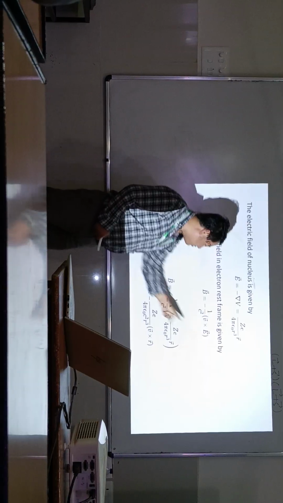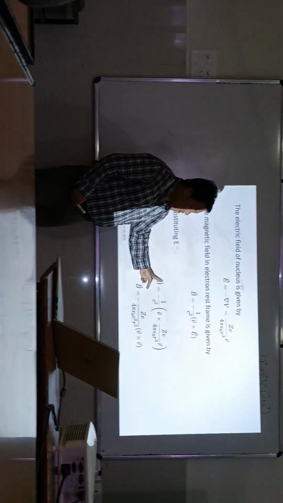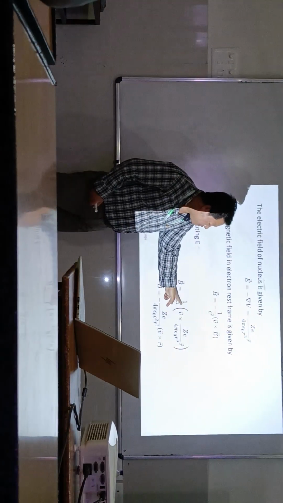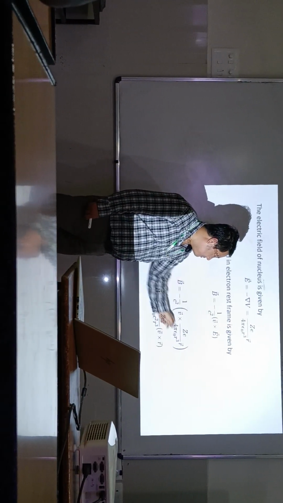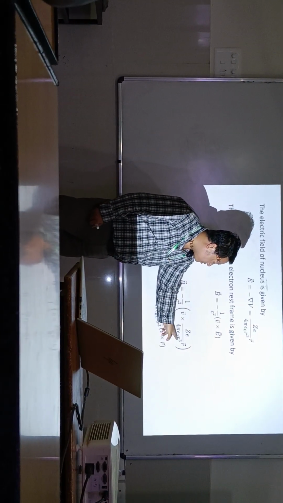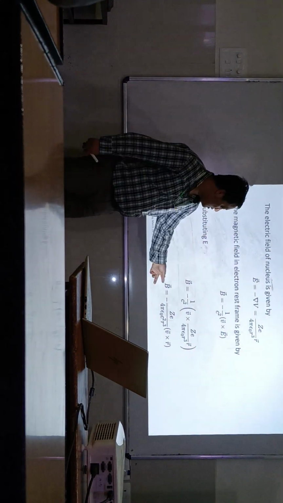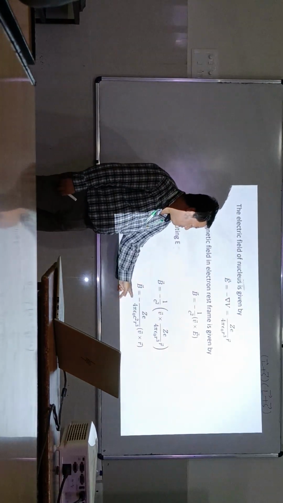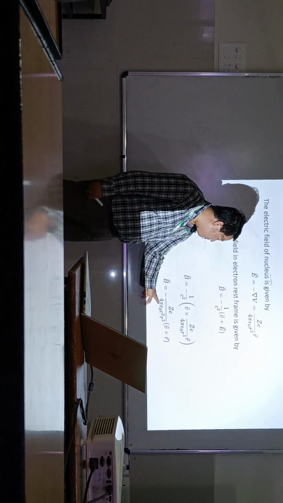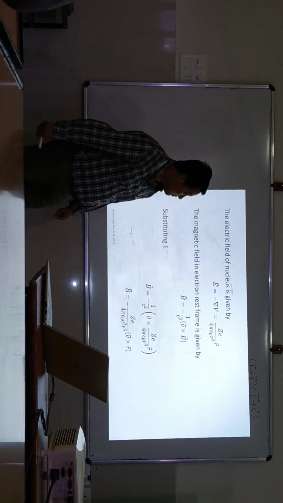When you substitute E, we get the magnetic field equal to minus 1 by c square, V vector cross Z divided by 4 pi epsilon naught r cube, r vector. If you further simplify, we get the magnetic field B vector equal to minus Z divided by 4 pi epsilon naught c square r cube, V vector cross r vector.